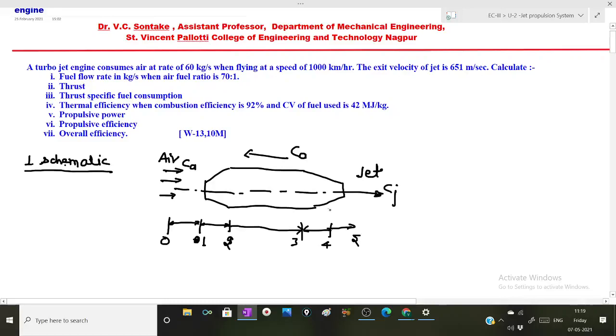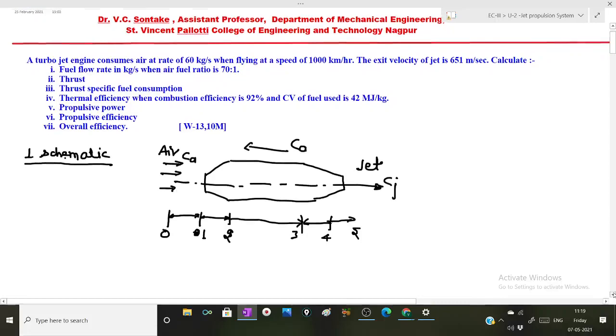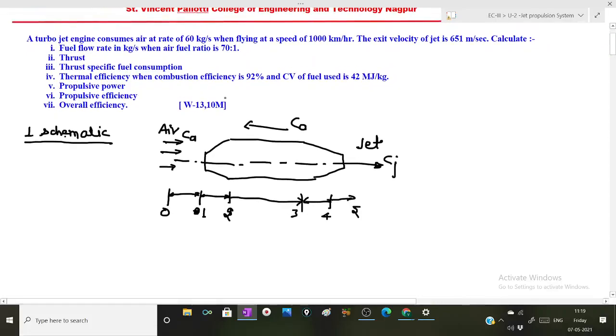Okay. So this is a typical schematic of turbojet engine. Here the point worth remembering is velocity Ca, velocity Cj, and in combustion chamber air fuel ratio A by F is being burnt.